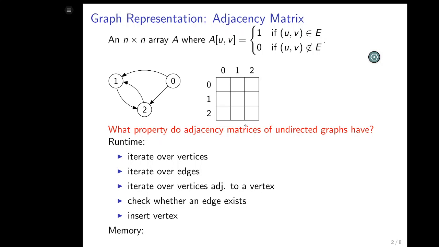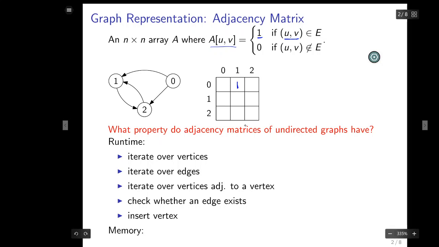First we'll start with the adjacency matrix representation. As you might expect, the representation involves a matrix, which is right here. What you do is you put a 0 or a 1 in the matrix to indicate whether the edge indexed by the two indices of the matrix exists or not. So if I have an edge UV, then I put a 1 in entry A_UV of the adjacency matrix. Here we have an edge from 0 to 1, so I put a 1 in entry 0,1.